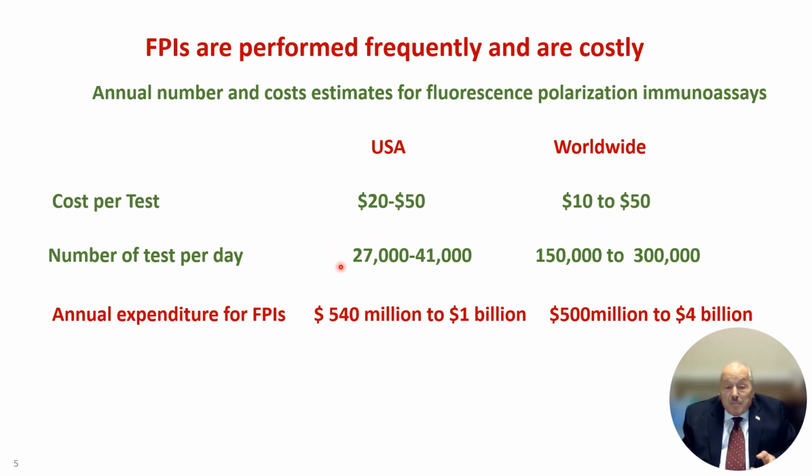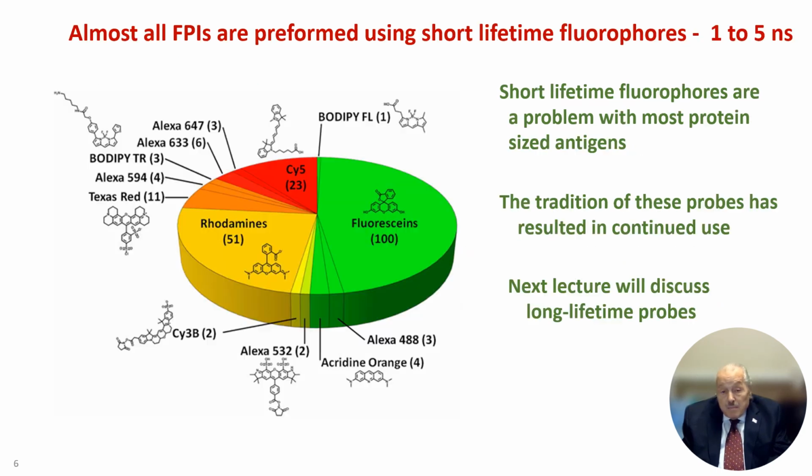The number of FPI tests that are performed per day are in the tens of thousands, or worldwide in the hundreds of thousands. So the annual expenditure on the testing itself, even after the FPIs have been developed, is anywhere from $500 million up to $4 billion, depending on whose estimate you take. So it's a really big industry, and it doesn't seem like a very difficult technology, but it can be difficult to implement.